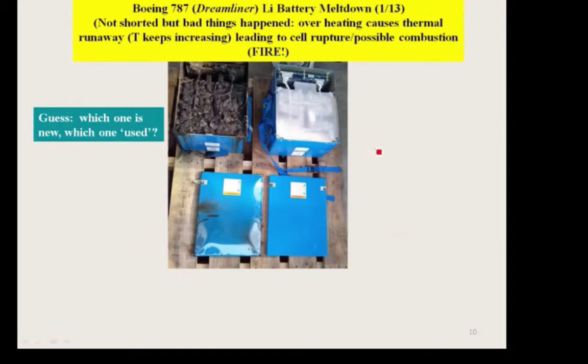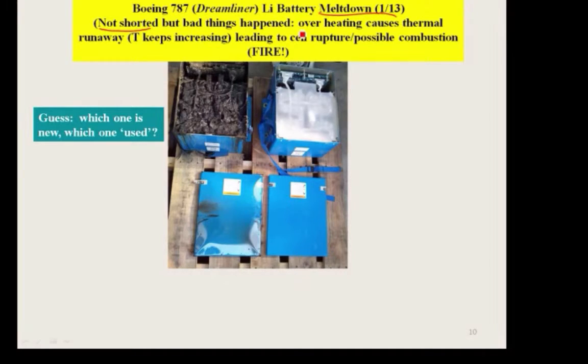You probably remember recently the Boeing 787 Dreamliner lithium battery problem. They were getting meltdowns just very recently. This is not really due to shorting, but bad things happened. What happened was the loads on the batteries were pretty high. They were trying to generate very high currents.